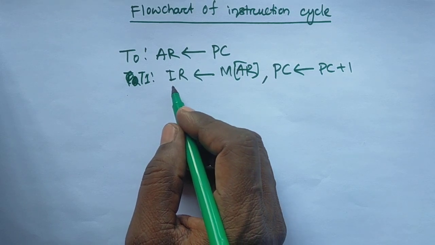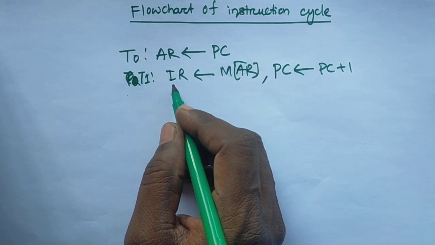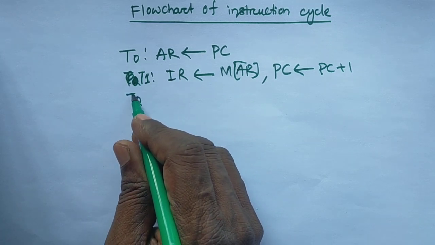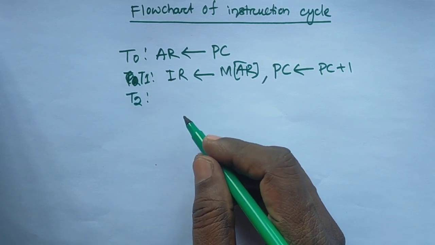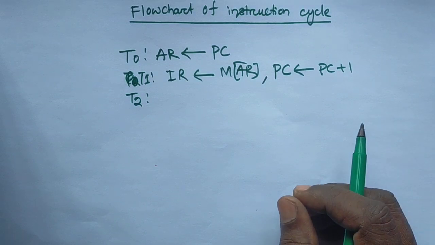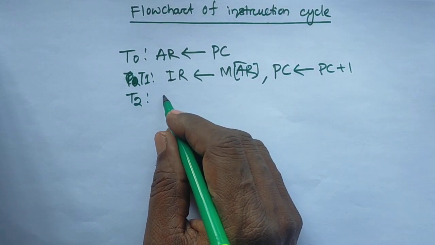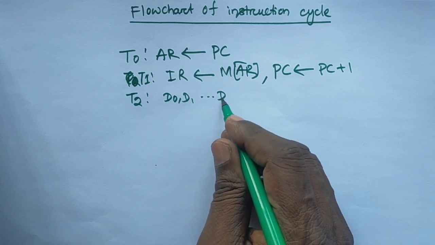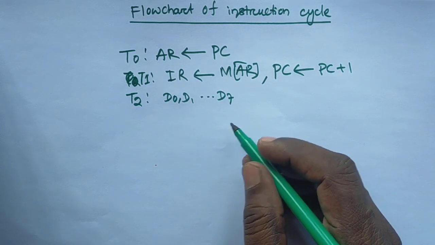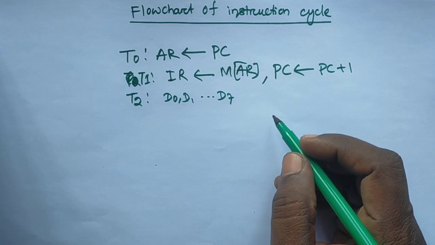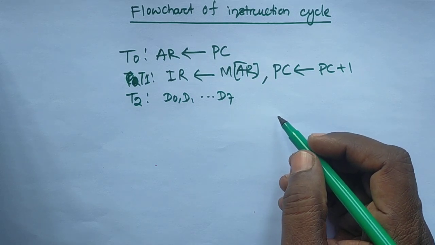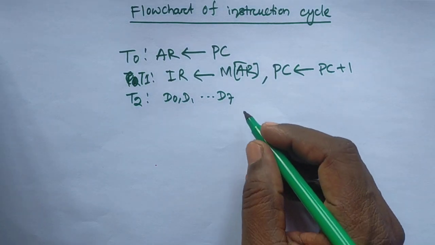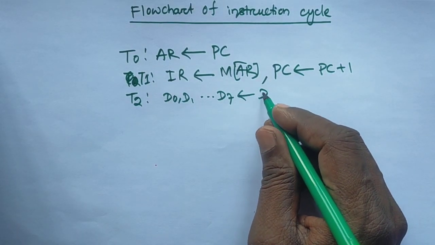After getting the instruction at the instruction register, at t2 time that instruction needs to be decoded. So in that case, there are a number of decodes, d0 d1 up to d7, that is 8 decodes of a particular instruction. That means the opcode part needs to be decoded.